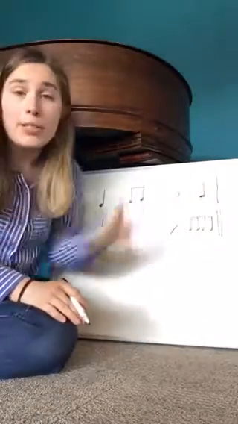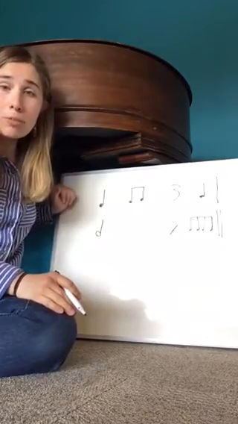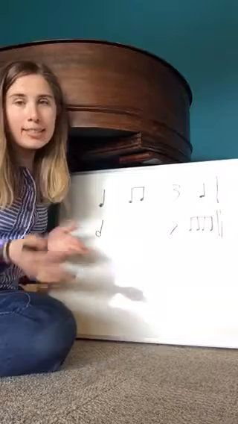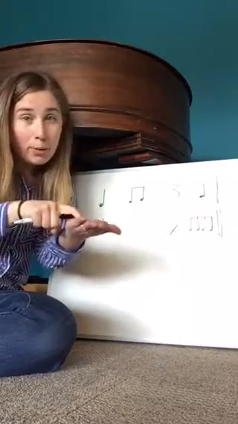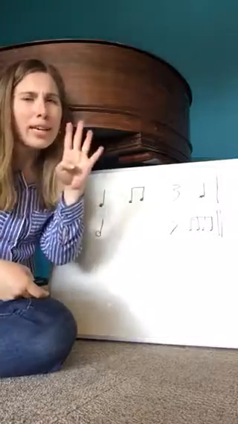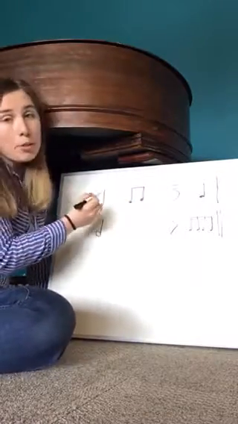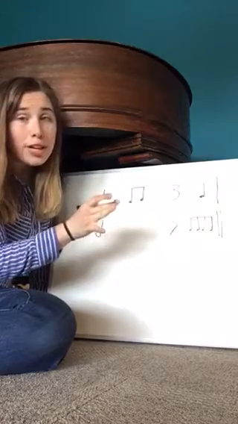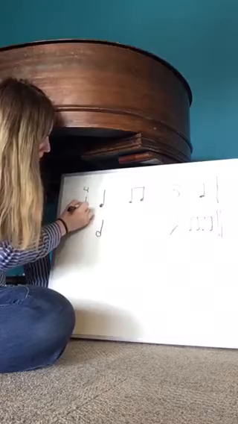But I've already put the measure lines, and I haven't told you yet how many beats are supposed to be in each measure. Usually you can guess it's just like a 1, 2, here we go. How many times do we tap our finger? 4 times. And usually that's how we divide it up. So I'm going to put at the beginning so you know for sure how long each measure would be, 4 quarter notes.